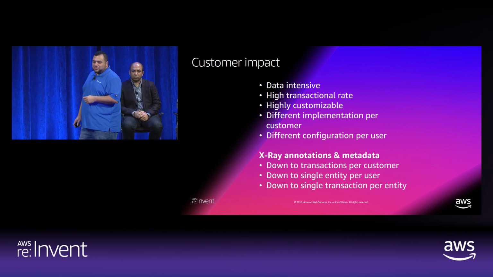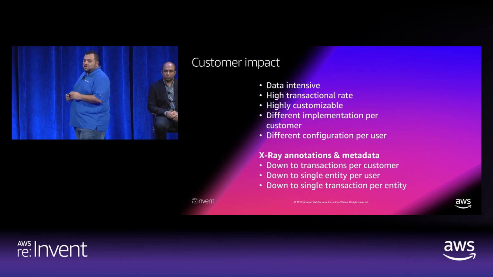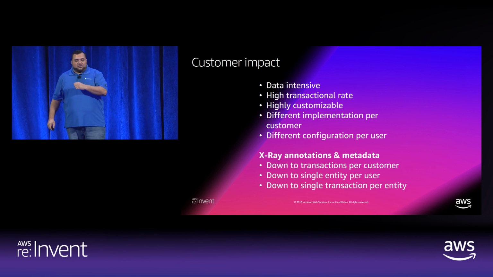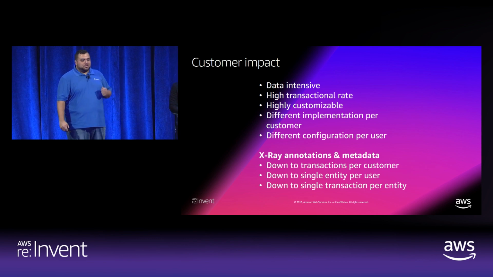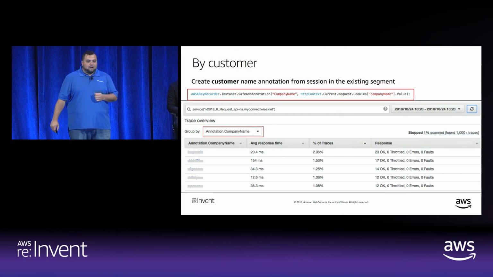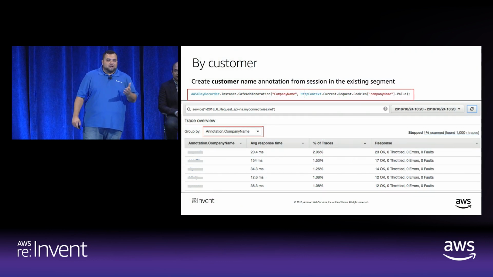So X-Ray annotation was a big help for us here. By using annotations everywhere, we were able to filter down transactions by a customer, by a user, or even by records. Whenever you log into the application, sessions get created.